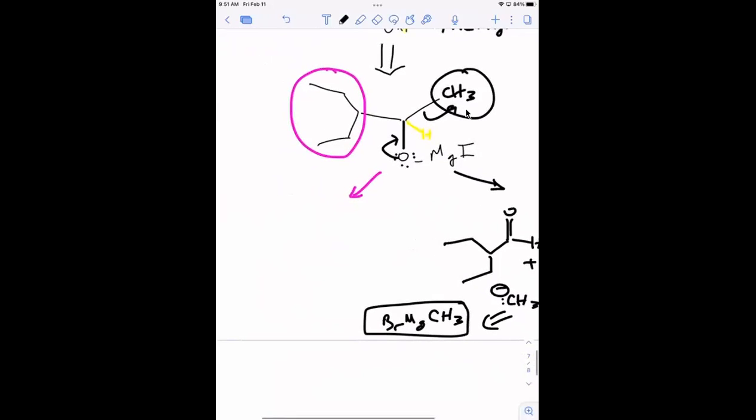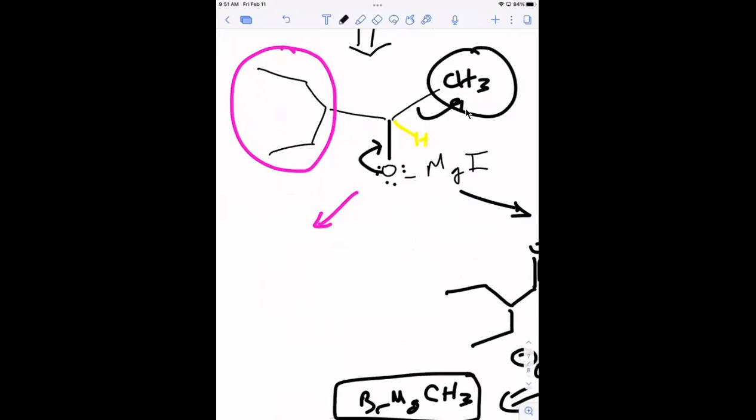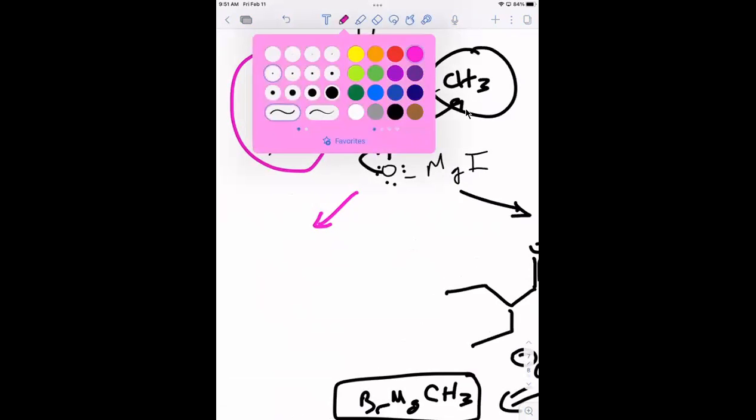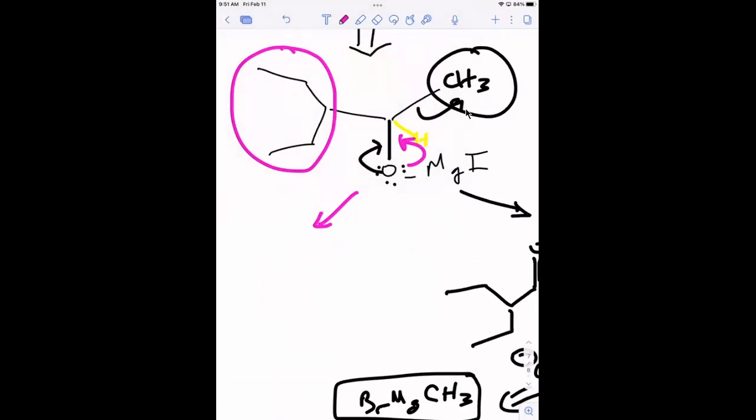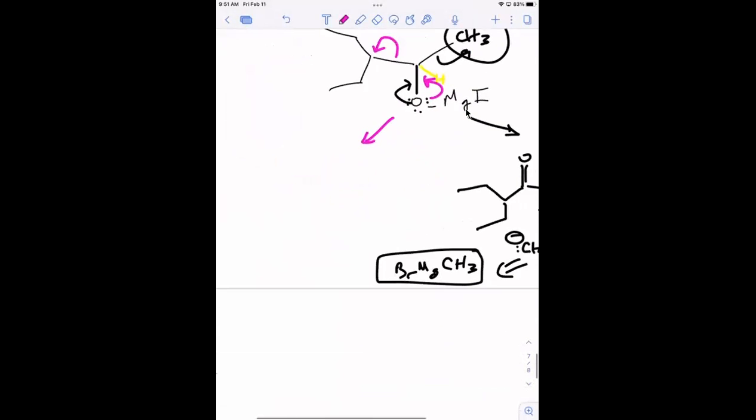All right, what if we did it the other way? What if we broke it like so, here and then here? What would those two starting materials look like?